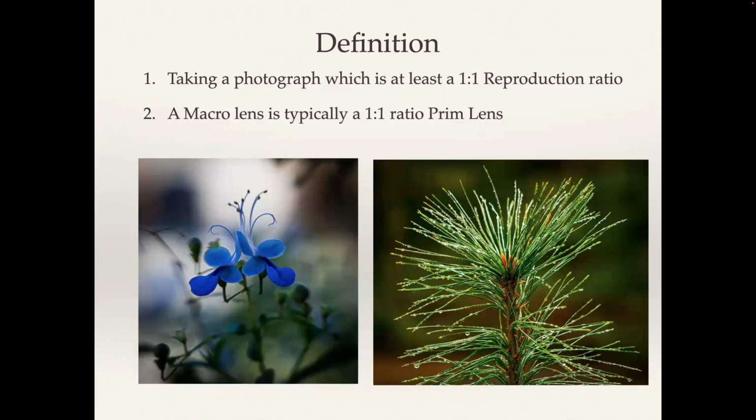So the definition of macro photography is taking a photograph which has at least a 1-to-1 reproduction ratio. And a macro lens is defined as a lens that has that 1-to-1 ratio, and it's primarily a prime lens.